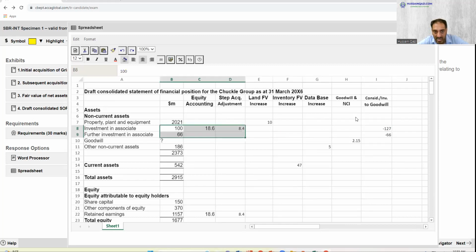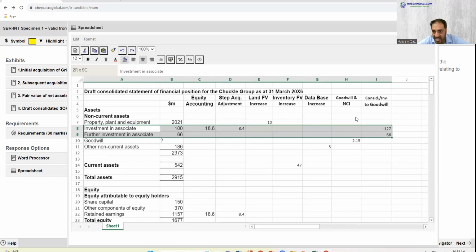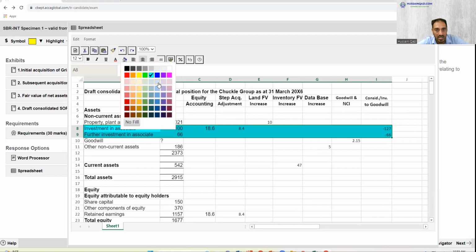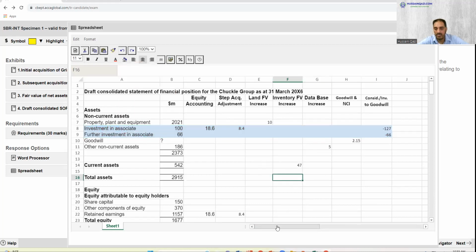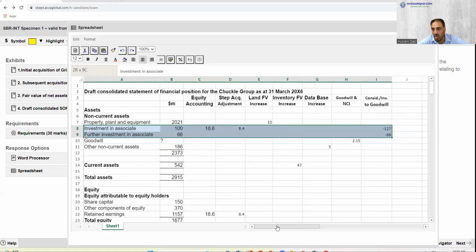That needs to be adjusted now. All the cost of investment must be closed with the goodwill calculation.